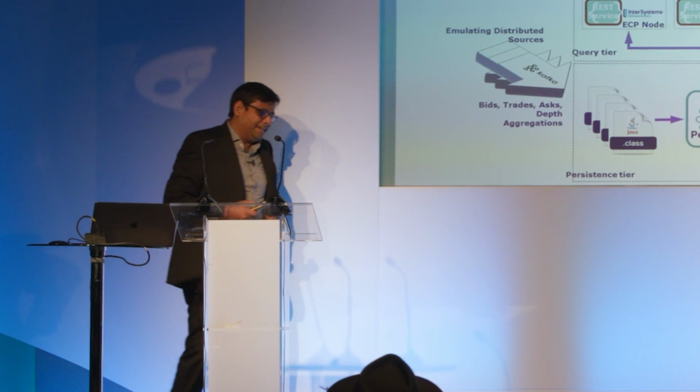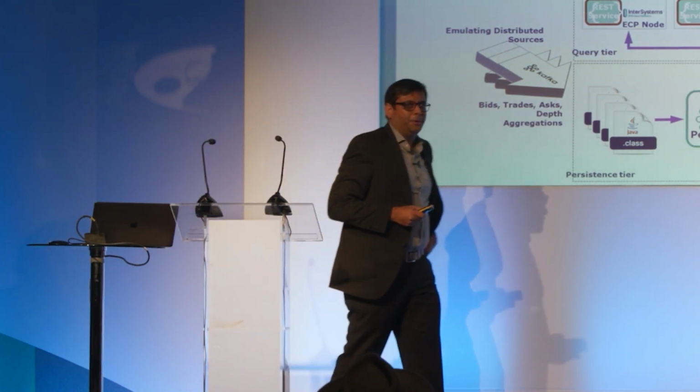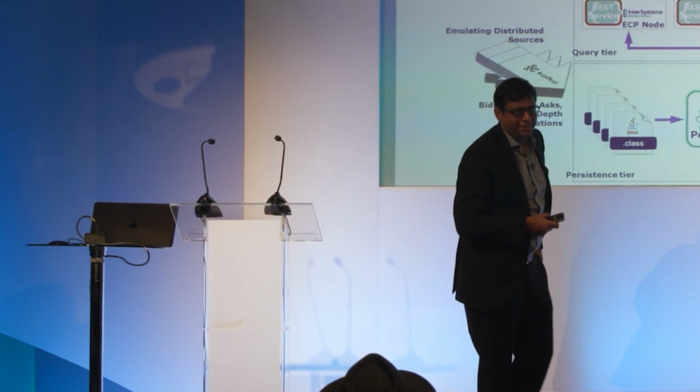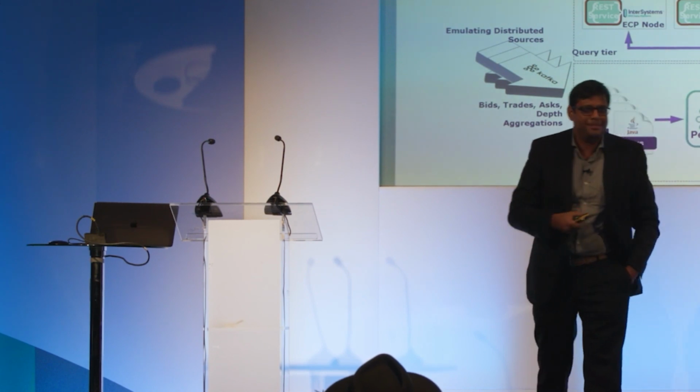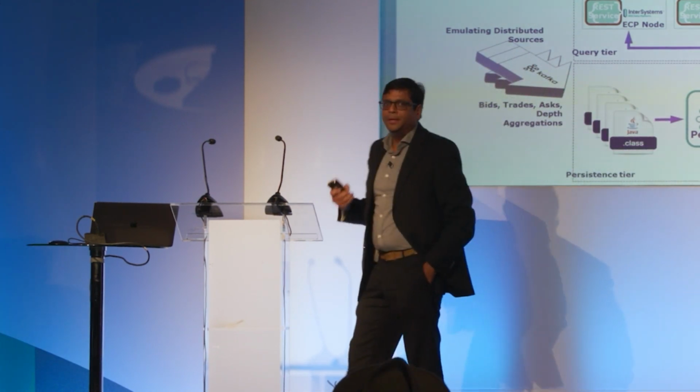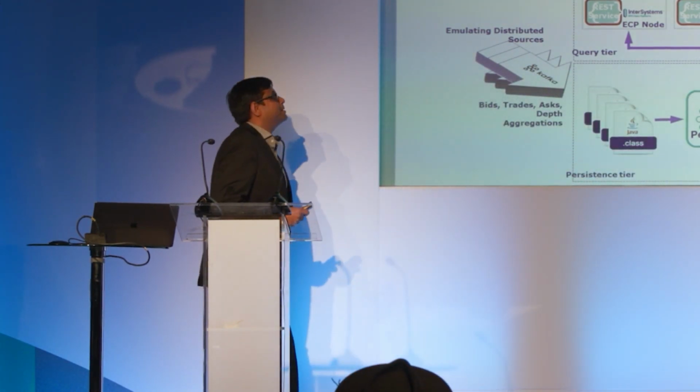That gave rise to another problem we had to solve: we now needed a harness which can generate that many REST APIs per second, because we had to do thousands of REST API calls per second.